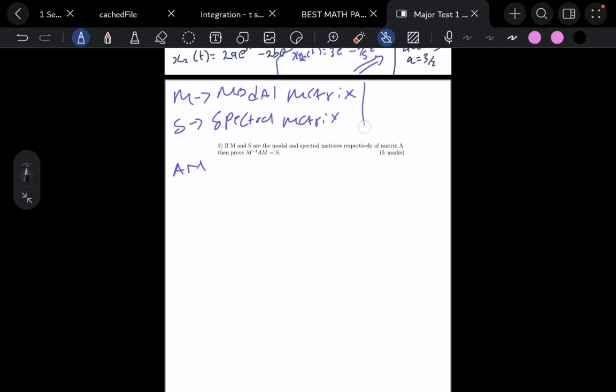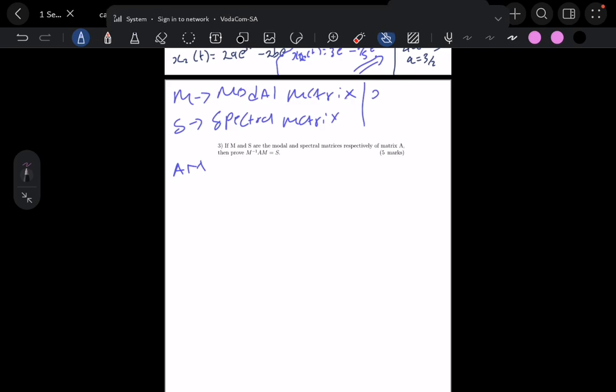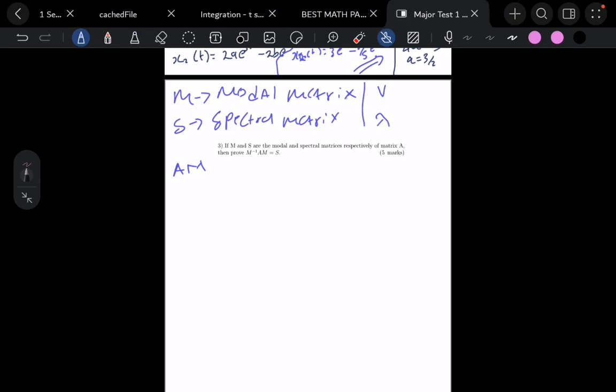The modal matrix is a matrix of eigenvectors, and your spectral matrix is a matrix of eigenvalues. So it does not matter really. So what you're going to do next, you're going to prove it in this method.